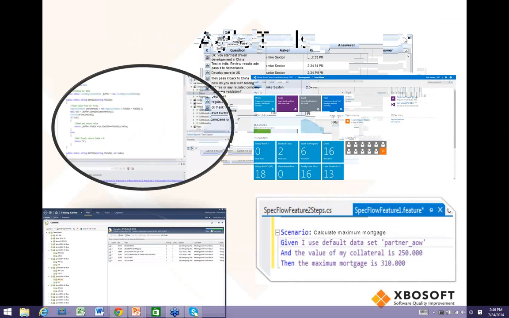The last thing that is on this slide is an example from SpecFlow. SpecFlow is a Cucumber language, which means it's very, very easy to write a test case in SpecFlow. What you see here is actually a test case in SpecFlow written by an information consultant.